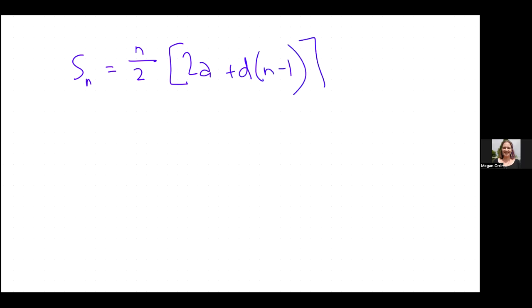So this is all the information put into that. There is a simpler version, but to use it you need an extra piece of information, so you can't always use it. This one always works, but the simpler version will only work if you also have L. I'll talk about that in a second.